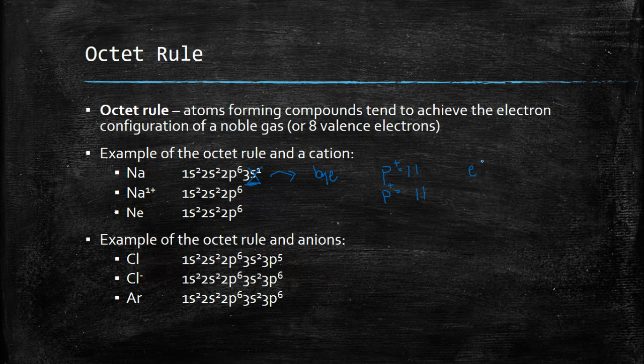This sodium up here, it had 11 electrons. Well, what did that do to it? That made it neutral. It had 11 positives and 11 negatives, so it didn't have a charge at all. That's why there's nothing written up here. But this sodium, it kept its 11 protons and it got rid of an electron, giving it 10. That gives it a +1 charge.